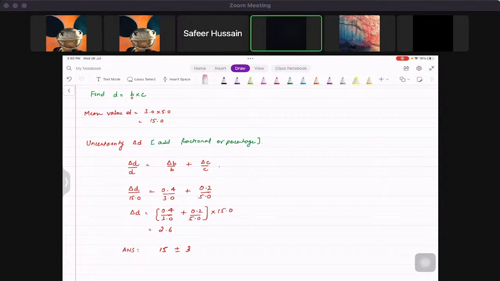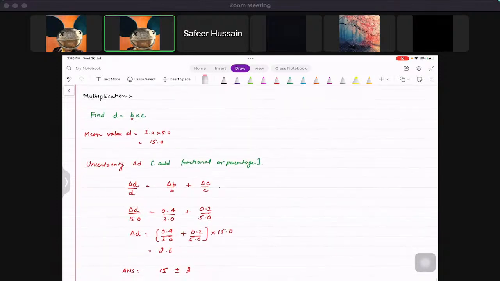It has nothing to do with decimals. But the mean value must have the same decimal places as the uncertainty. Because in this question, the uncertainty had no decimal places, that's why I converted 15.0 to just 15. Okay. Alright, this is a bit trippy, but unfortunately, what can I do? You got to learn this.